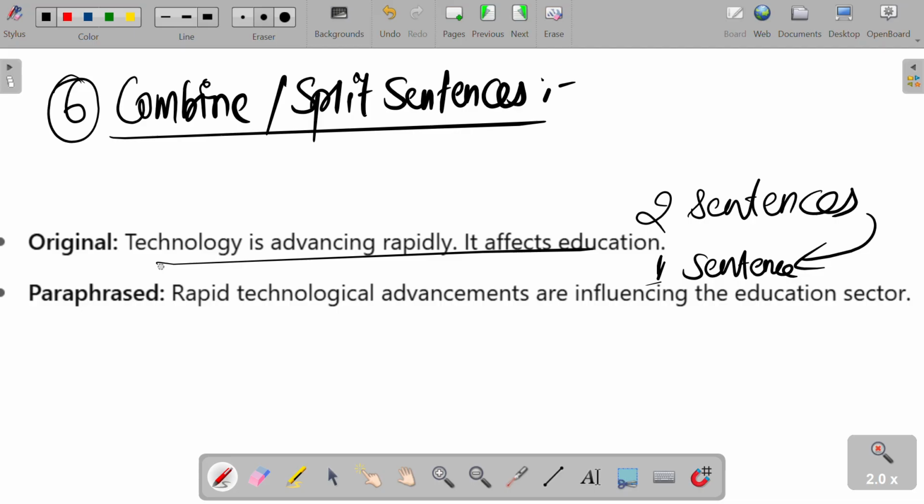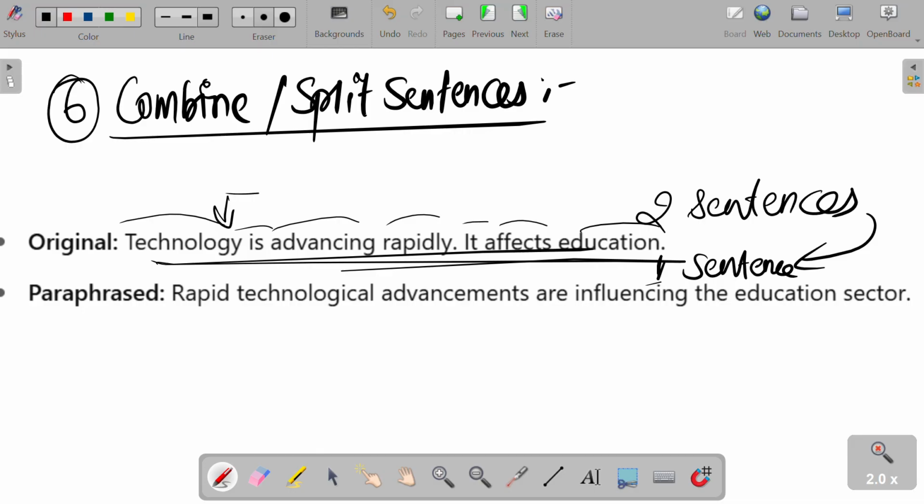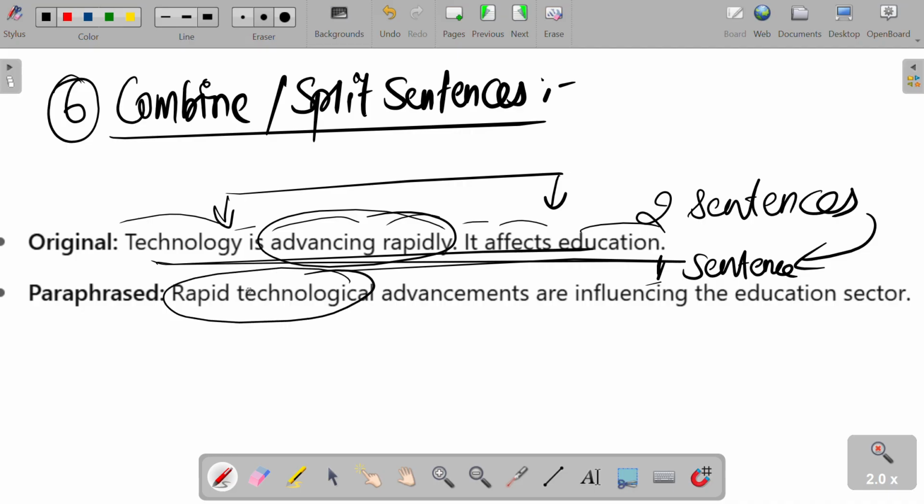The original says, technology is advancing rapidly, it affects education. But these two sentences have been combined to paraphrase, and advancing rapidly has been changed into rapid technological advancement. Now let me tell you, a lot of things have happened here.